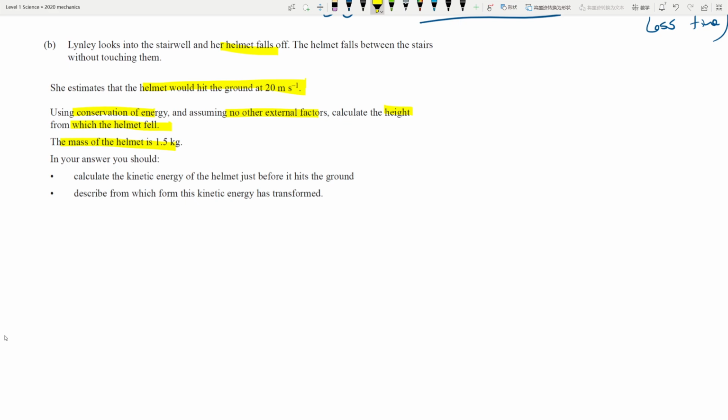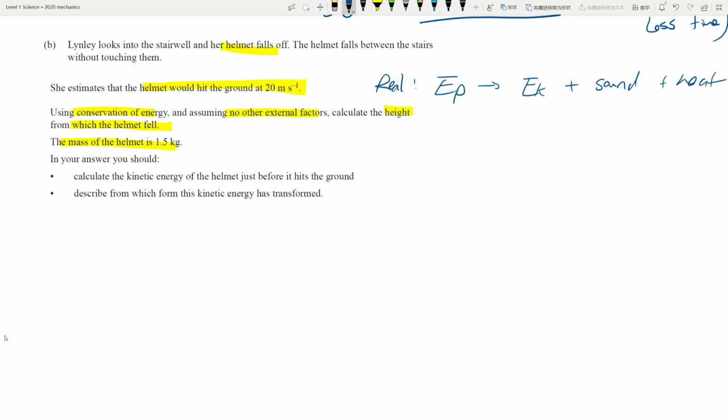Now, not all of the EP will be converted to EK, because as the pen travels, it is slowed down by some friction, and when it lands on the floor, it makes a sound. So in reality, when you drop something, like in this case a helmet, your EP is going to convert to EK, maybe some sound, maybe some heat. This is the real scenario.